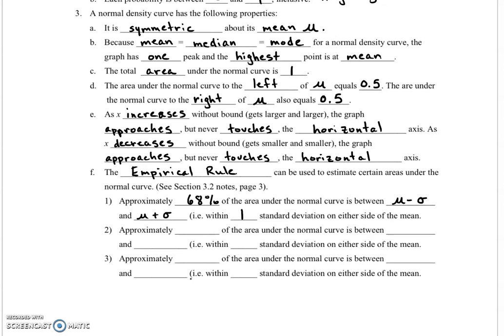In other words, within 1 standard deviation on either side of the mean. 95% is from 2 standard deviations below to 2 standard deviations above. And 99.7% of the area is between the mean minus 3 standard deviations and the mean plus 3 standard deviations, or within 3 standard deviations of the mean.